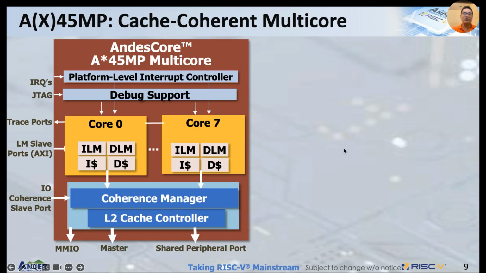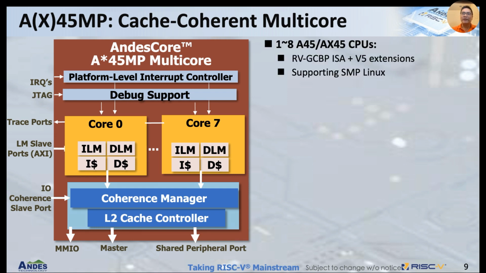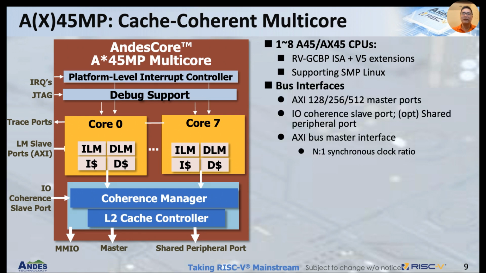This is an architecture diagram of the A45MP and AX45MP. It can support from 1 to 8 cores per cluster to run SMP Linux. For the bus interface, it has AXI 128, 256 or 512 master ports, an IO coherent slave port, or an optional shared peripheral port.